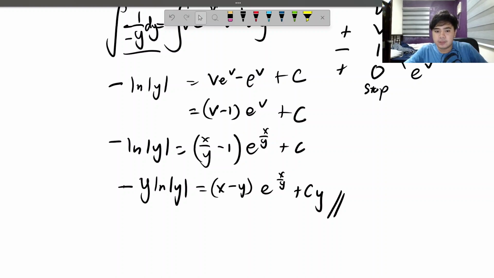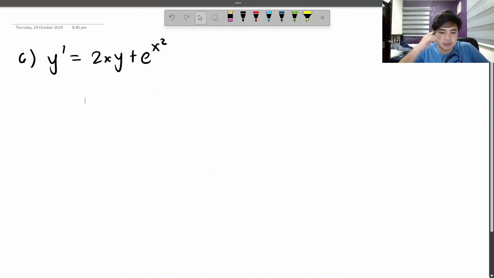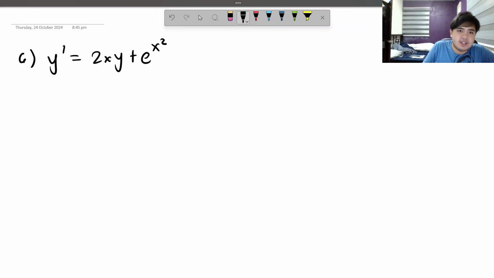All right. Now, after homogeneous, we can go on to the much prettier part of differential equations, which is linear. So is this linear? Let's arrange it into something that looks linear.